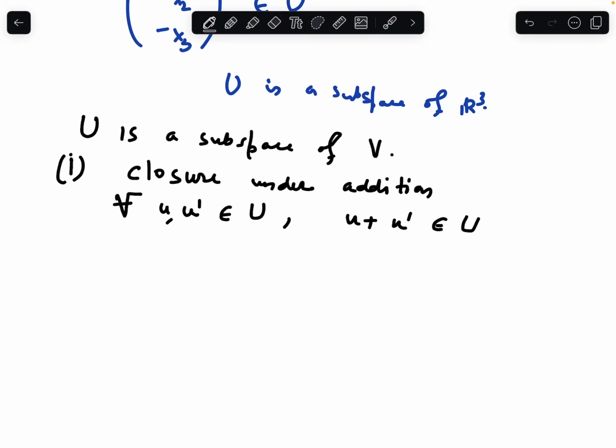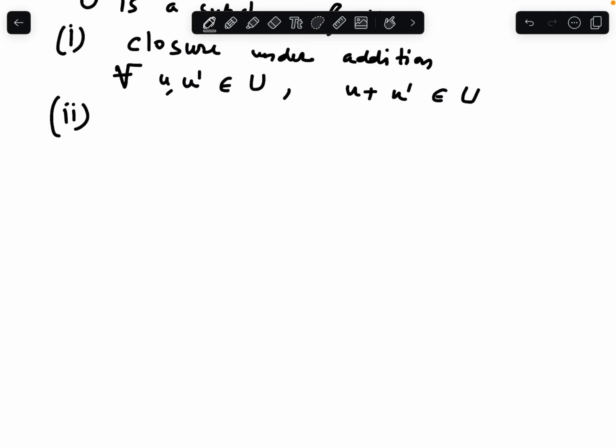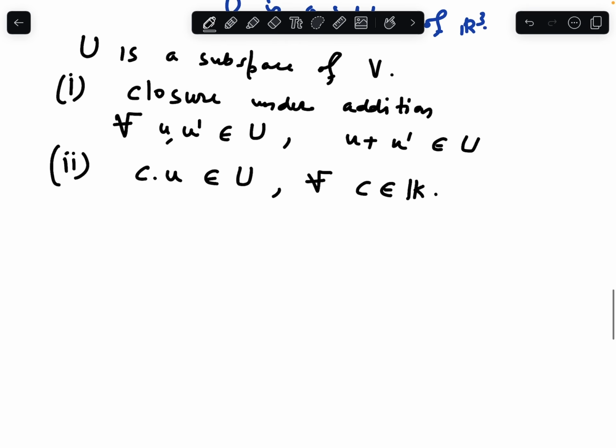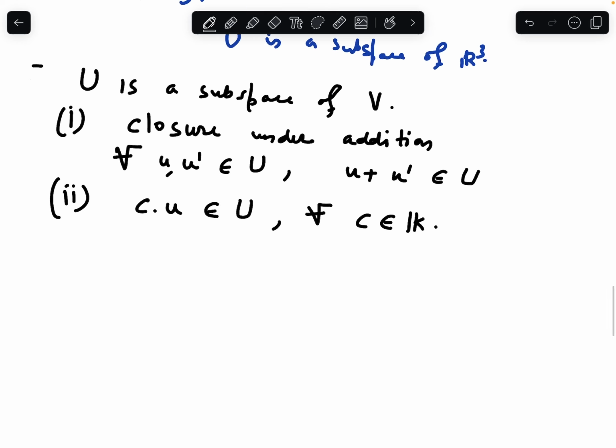Plus is the binary operation on V. And C dot U is also inside U, for every C in K, that is for every scalar, right? So we'll just check these two things to determine if U is a subspace of V or not. So this simplifies our earlier check on subspaces.